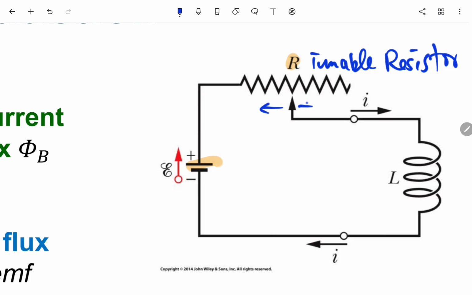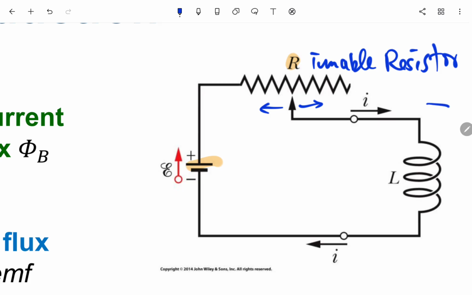Of course, this is just a demonstration. The practical version is not necessarily like that, but the idea is you can adjust the contact point so that you can adjust the resistance.